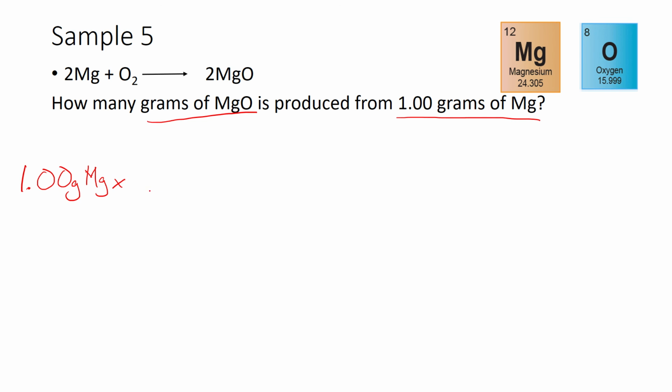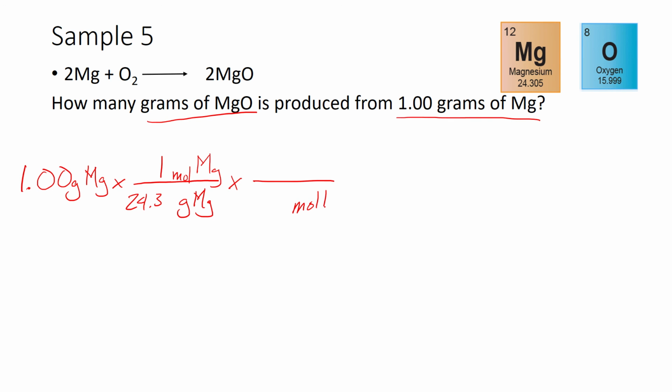You should know by now the very first step is to convert to moles. So let's get out of grams of magnesium and into moles of magnesium. For every 1 mole of magnesium, there are 24.3 grams of magnesium.